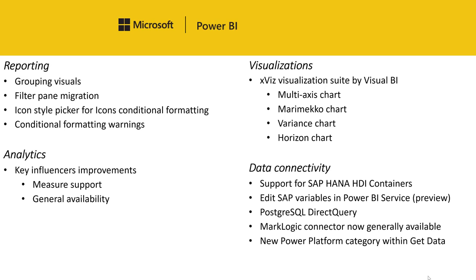The third reporting feature is an update to the icons conditional formatting feature we shipped last month. So if you remember, last month we shipped the ability to add icons next to the values in your table and matrix cells based off of any kind of business logic you may have or a field in your model. This month, we've added an icon style picker as well, which if you've used the icon conditional formatting in Excel, you're already familiar with.